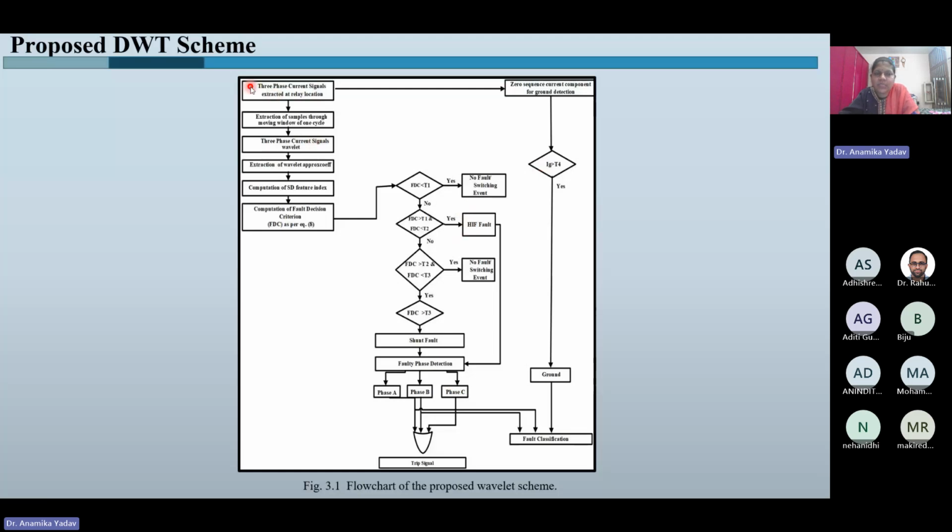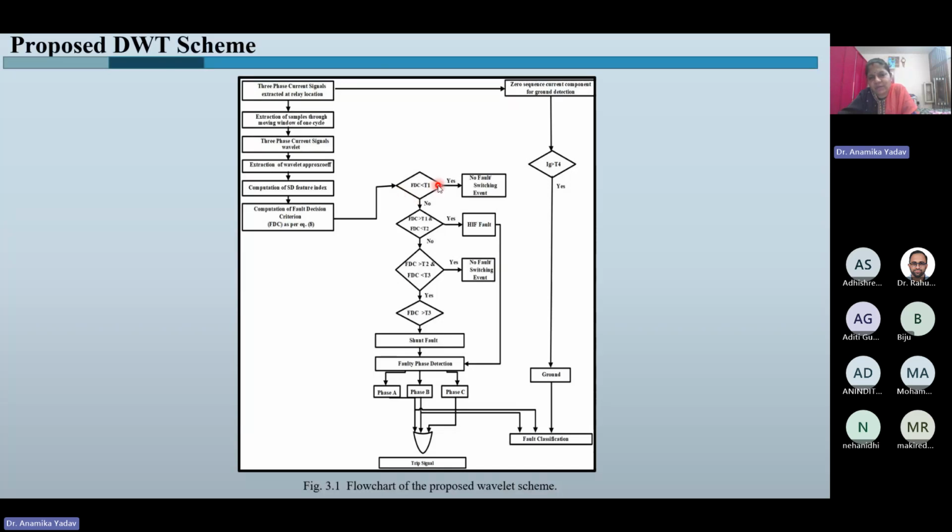So how the scheme works: we take the three-phase current signal, extract the samples through a moving window of one cycle, then we apply wavelet and extract wavelet coefficients and compute the standard deviation of the feature, and finally the fault detection criteria as per equation 8 in the figure is evaluated, and it is compared with the threshold value.